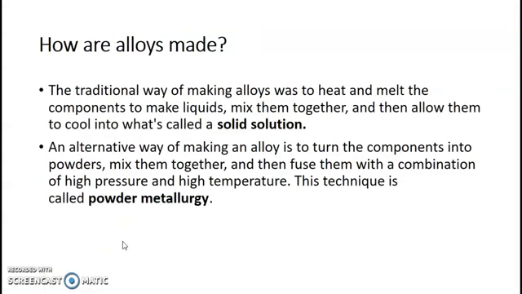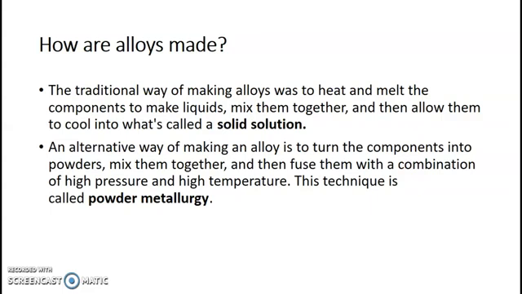Finally, how are alloys made? What is the process involved in the making of an alloy? There are two ways of alloy manufacturing. The first one is by means of solid solution, and the next one is by means of powder metallurgy.